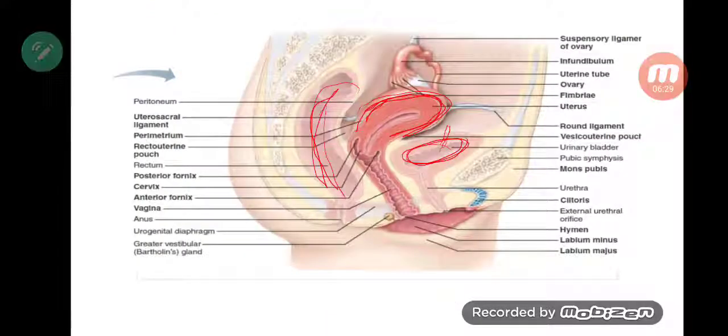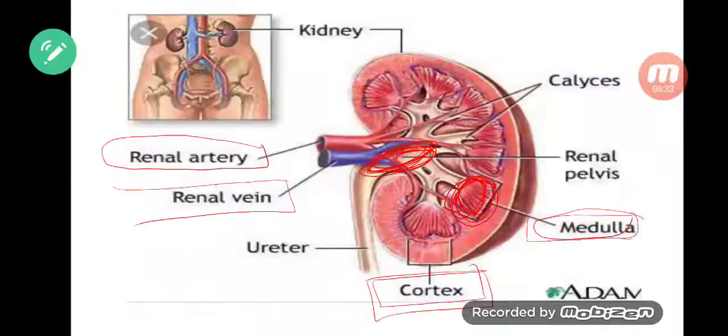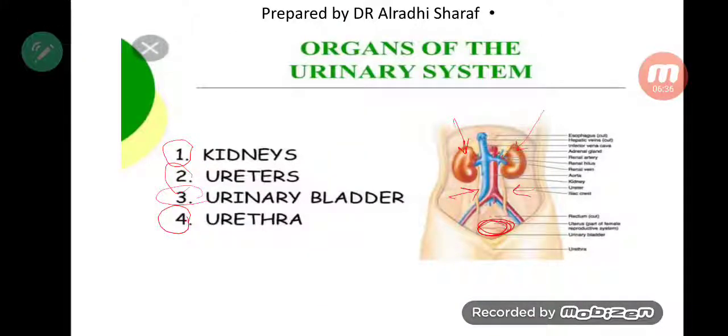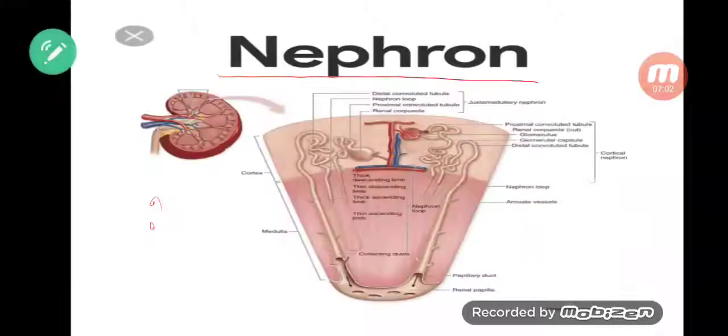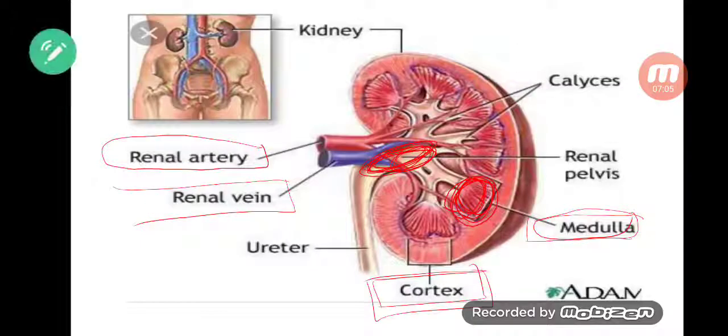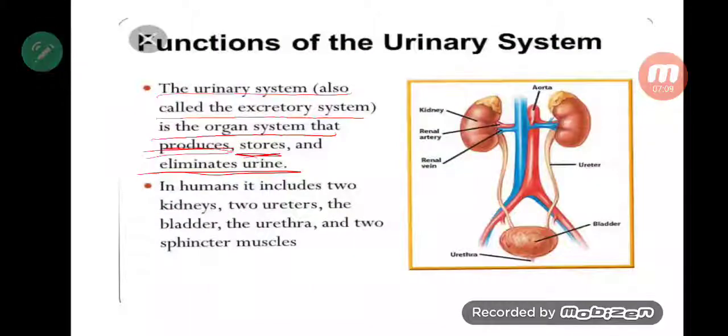If I give you a summary of this lecture, we should concentrate on the components of the urinary system, which are kidney, ureter, urinary bladder, and urethra, the location of the kidney, and its other relations, such as the suprarenal gland superior to the kidney, the blood supply of the kidney, the functional unit of the kidney, and the function of the urinary system: produce, store, and eliminate urine.